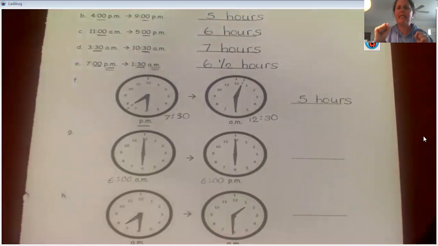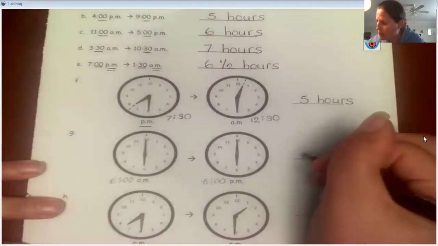So I've got 6 a.m. I'm going to count on hours to get to 7 a.m., 8 a.m., 9 a.m., 10 a.m., 11 a.m., 12 p.m., 1 p.m., 2 p.m., 3 p.m., 4 p.m., and then I need to add 2 more for 5 p.m. and 6 p.m. So I had a total of 10, 11, 12 hours had passed.